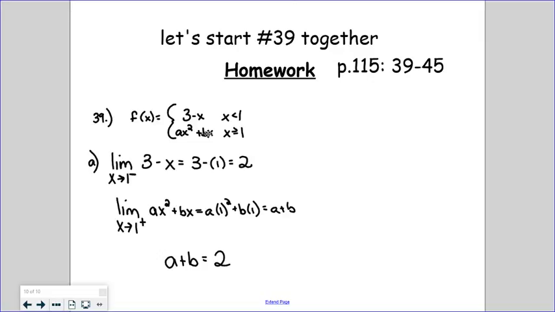So what's going to happen after you do your derivatives is you're going to have another equation with a and b in it. Well, if I have two equations with two variables, I can now do a system of equations to solve for those variables. So you'll come back and use this guy. You'll use the equation at the end of doing your derivatives and do a system of equations to then solve for a and b. Hopefully that makes enough sense that you can get started on part B.